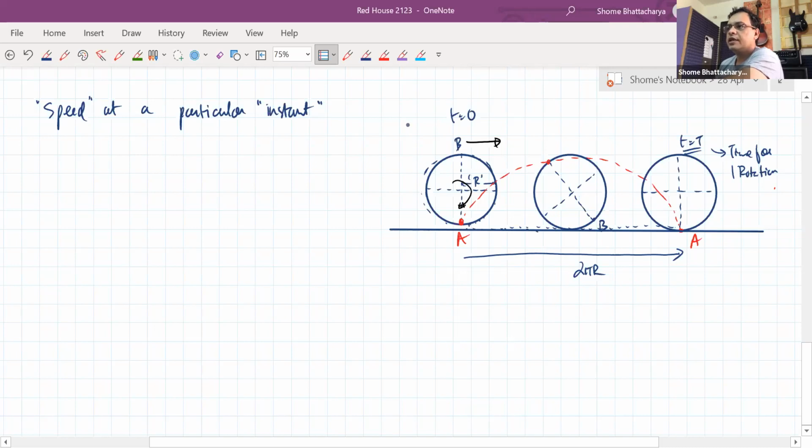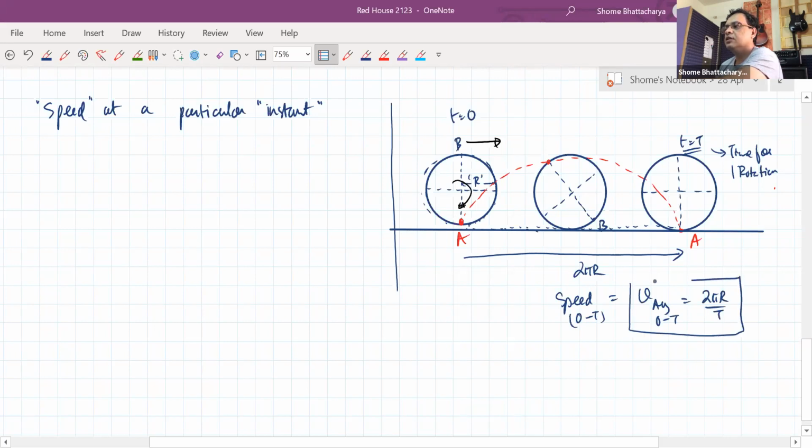So you can see that if we calculate the speed from 0 to capital T, the average speed is going to be 2 pi r divided by capital T, where capital T is what we call the time period of rotation.